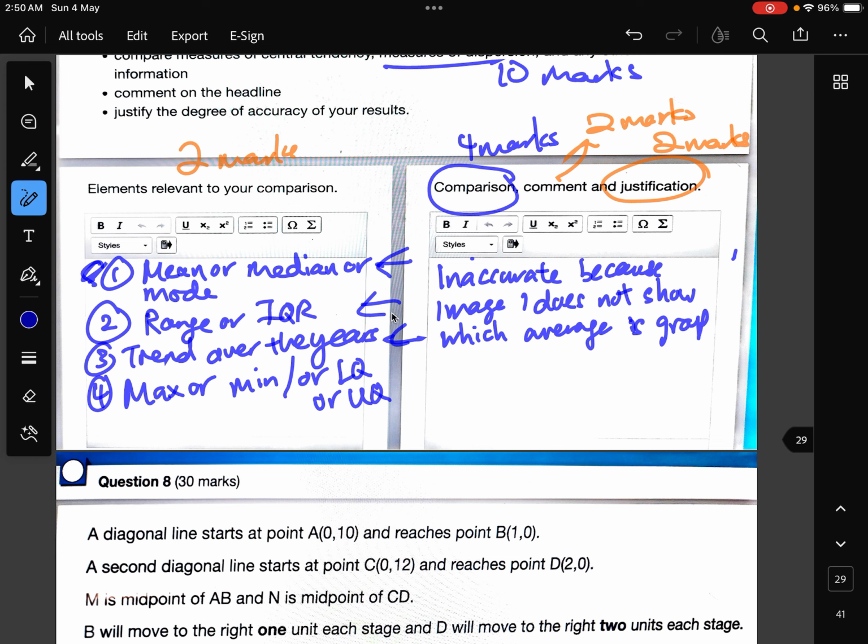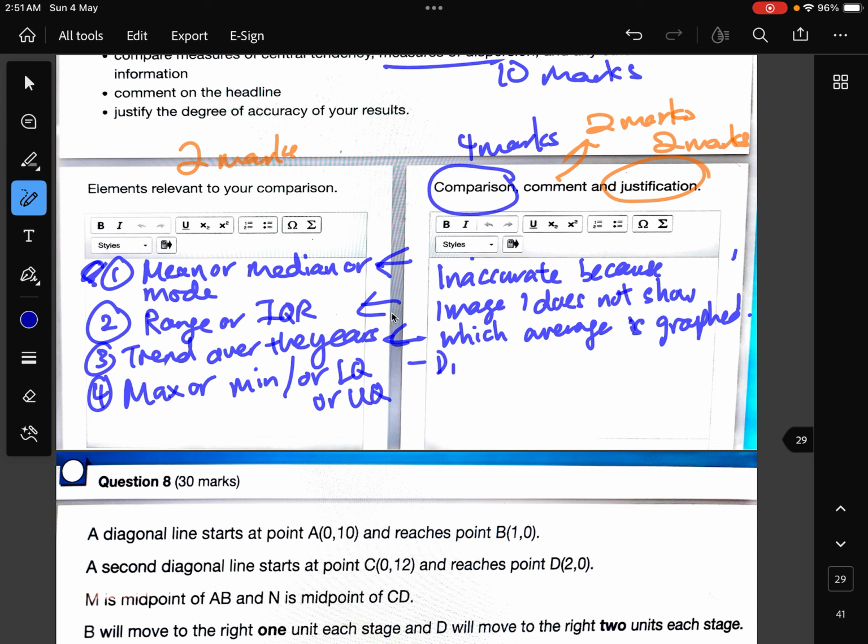Now, if this is only worth 2 marks, then I think just simply writing down one of the points will be good enough. You don't have to write that many reasons if it's worth 2 marks. So inaccurate because image 1 does not show which average is graphed.